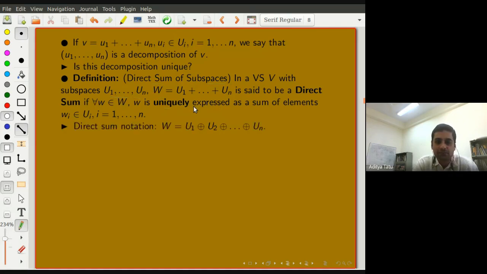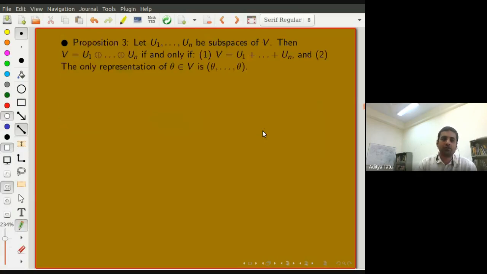Before we do that, just a small change in notation. Instead of writing just plus, you will now have a plus in a circle. That is the small change in notation between sum of subspaces and direct sum of subspaces. If I have a direct sum, then I will write it this way.